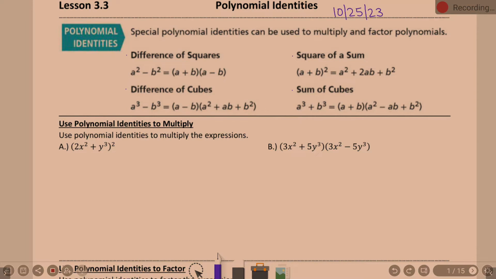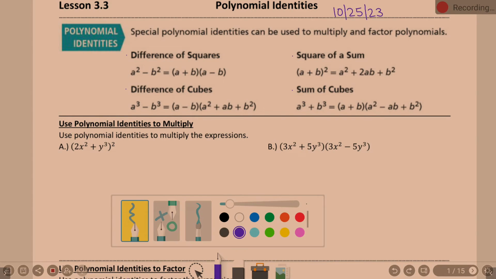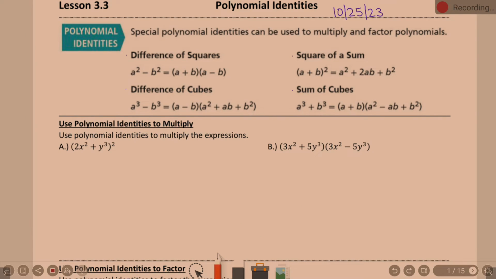So, as we look at A, use polynomial identities to multiply the expression. As I said, you can still do a shortcut, or you can still multiply them out normally, but this fits the form right here of one term plus another term quantity squared. So this fits the form of square of a sum.